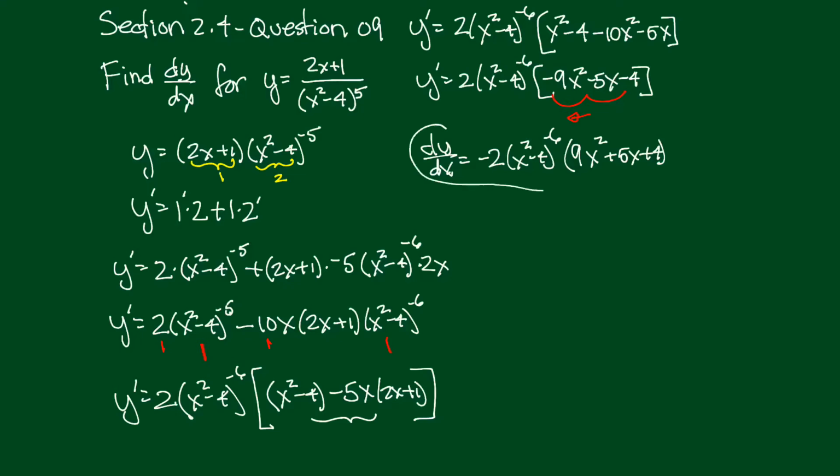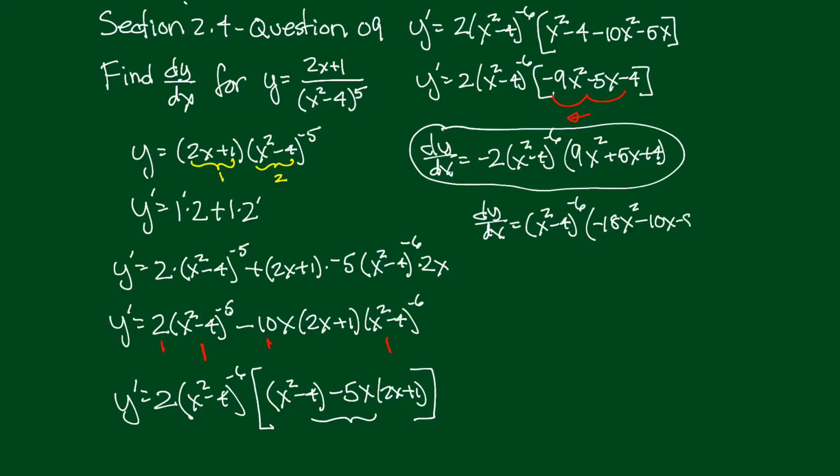I could write my answer like this, or I suppose what I could do is go back in here and multiply all the way through here by negative 2. You know, I don't really think that's the best form, but I suppose one could write it like that. So if we did, it would be x squared minus 4 to the negative 6 times negative 18x squared minus 10x minus 8.